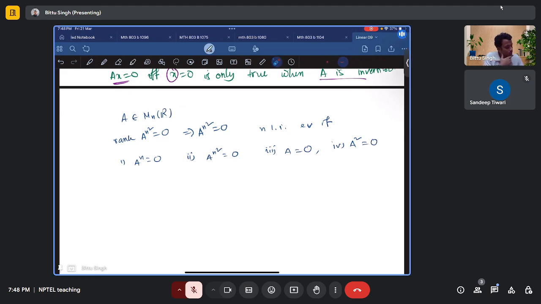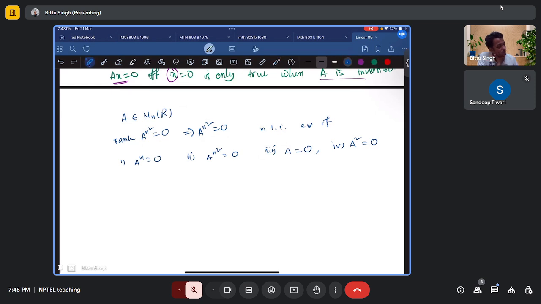It is given that A to the power n square is 0, so this is already given. If A is 0, then there are n linearly independent eigenvectors, right? Yes, sir. This option is correct.